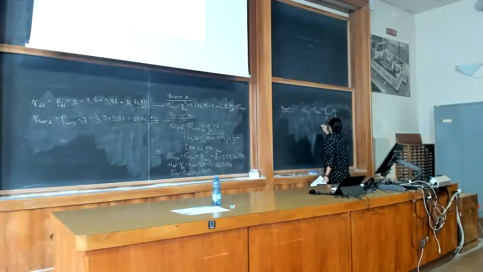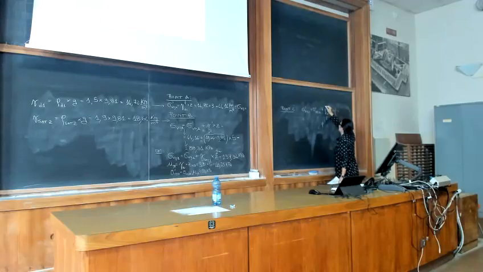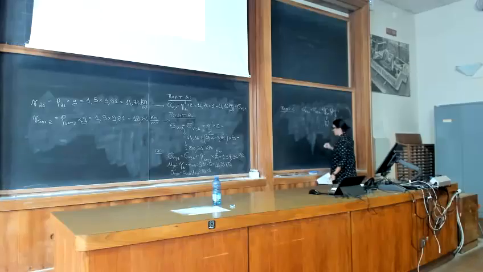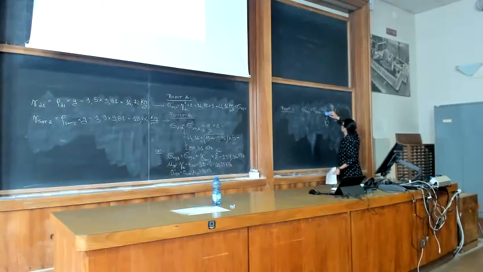Here we have gamma sat minus gamma W. Okay, this is the effective unit weight of layer 3.